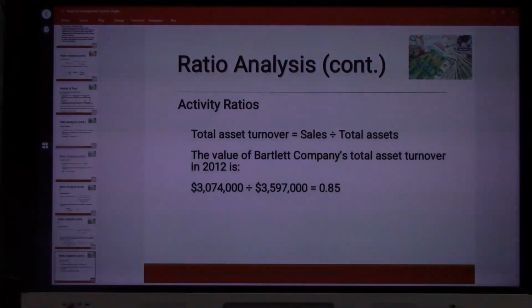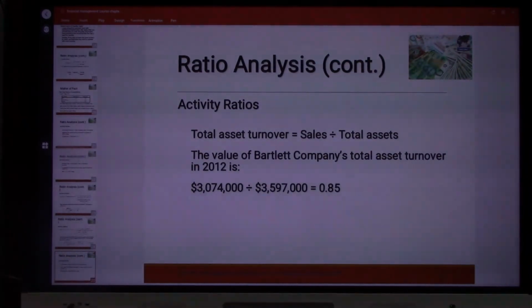Using Bartlett Company data, the total asset turnover is equal to 0.85. What does it mean? It means that for every dollar invested in our total assets, we are going to generate 85 cents in sales.